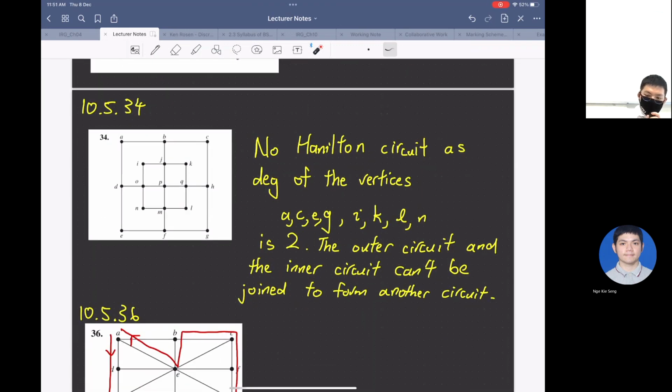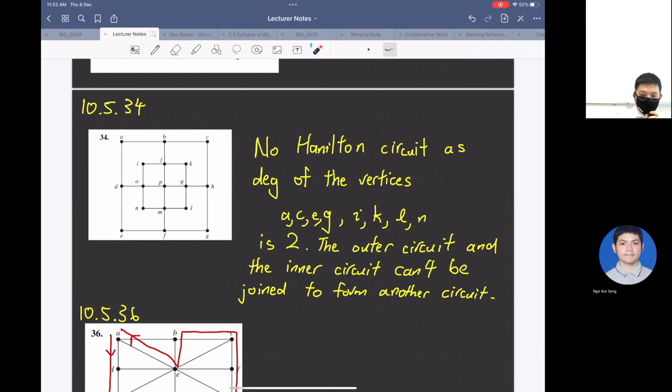10.5.34, this one is a bit harder, but you can also see that because these vertices are degree 2, you need to include all these edges in order to pass through the vertex. But you have to pass through some vertex twice to connect these two circuits.